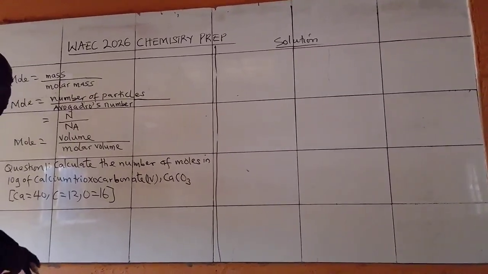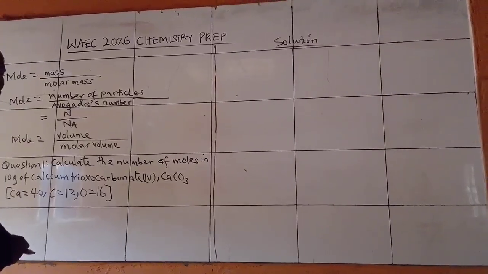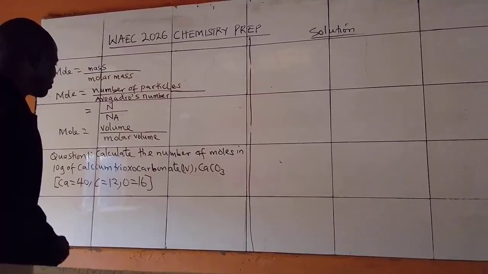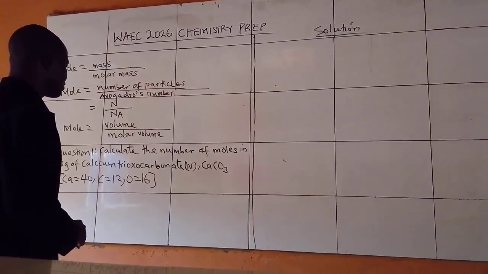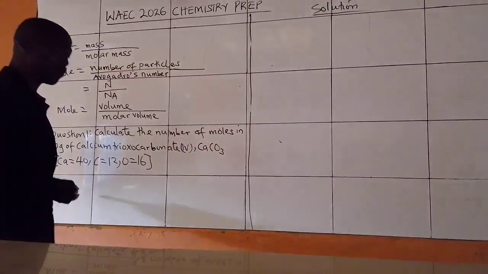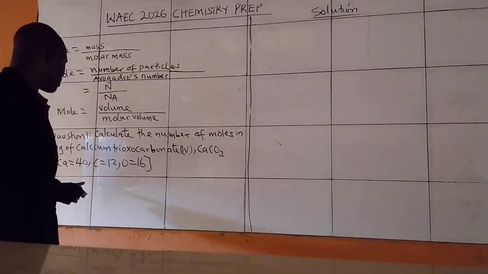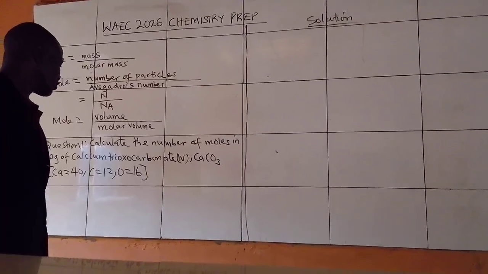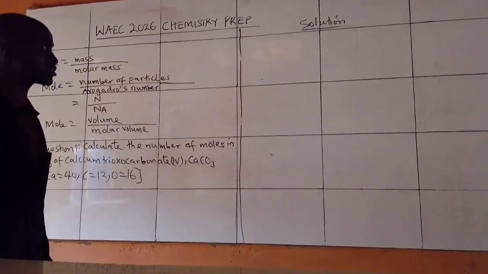For question number 1, calculate the number of moles in 10 grams of calcium trioxocarbonate(IV), CaCO3. Ca is equal to 40. Carbon, which is C, is equal to 12. And O, which is oxygen, is equal to 16.